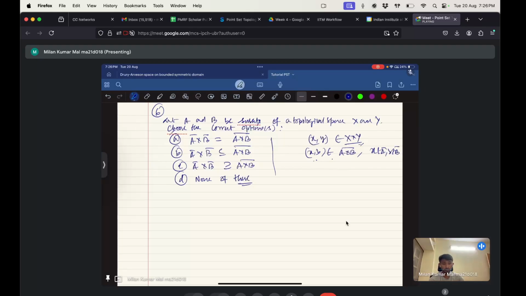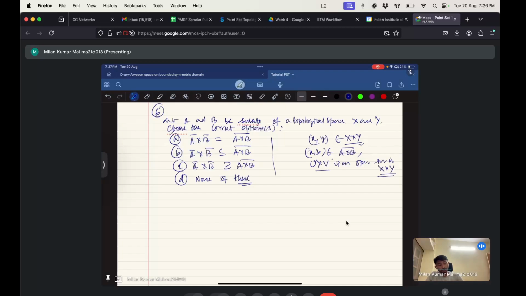That means you have to prove that for every open set U of X containing x and V of Y containing y, U makes non-empty intersection with A and V makes non-empty intersection with B. Now let U cross V be an open set in the X cross Y product topology.